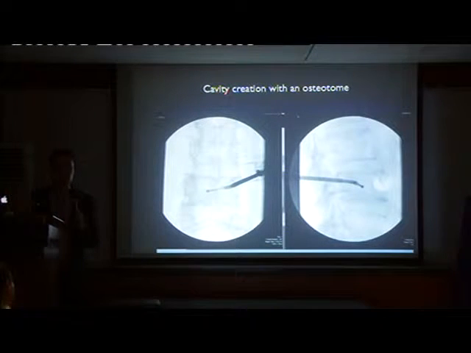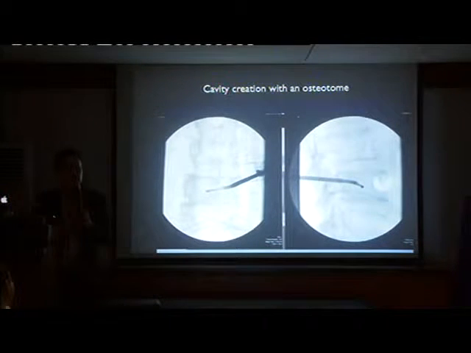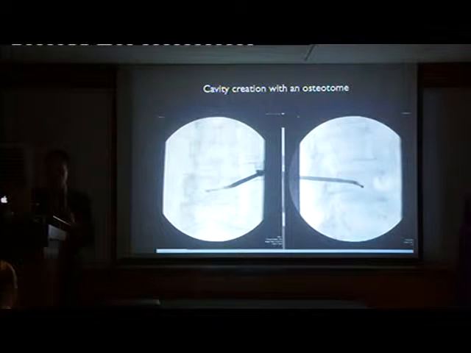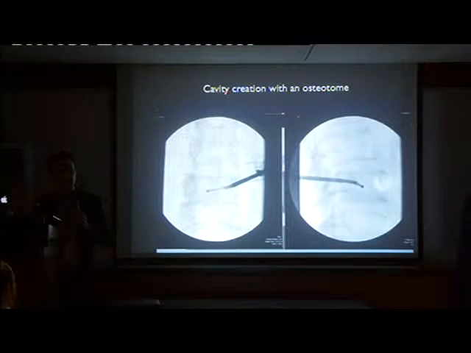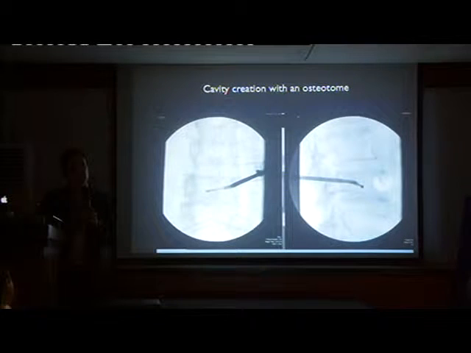This is an example of an osteotome, where I'm making tracks for my cement to go, making my cavity for that cement to follow and leak into the track that I've formed. This is one of the newer osteotomes on the market. Previously, almost 10 years ago, the first type of osteotome was called an archoplasty, where you made little arcs and tried to make different cavities. You might see a lot of these different things, but in general, an osteotome is you're making tracks without a balloon.